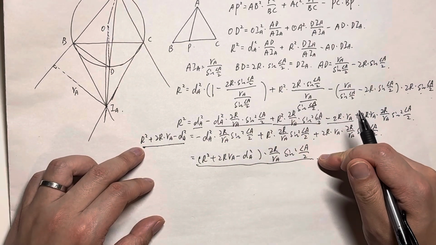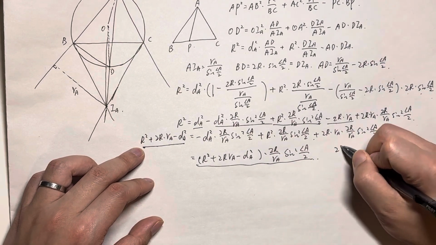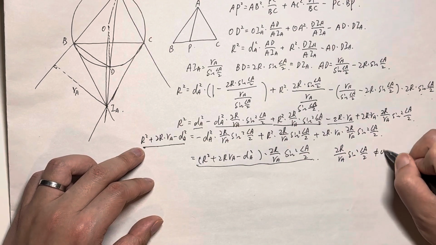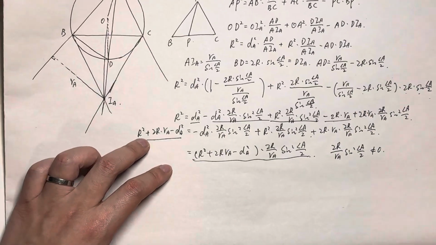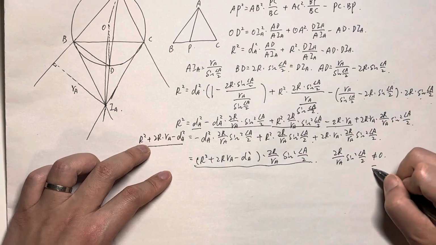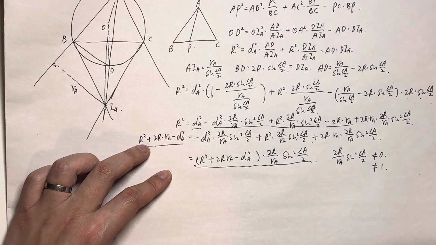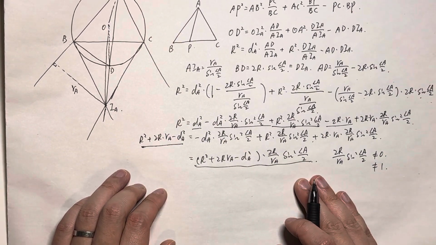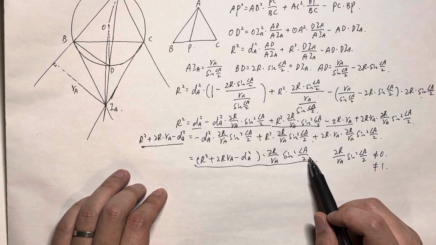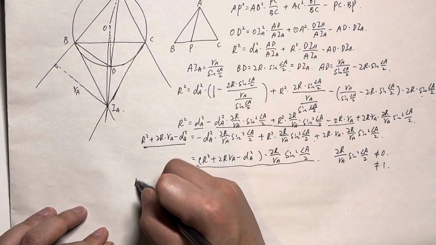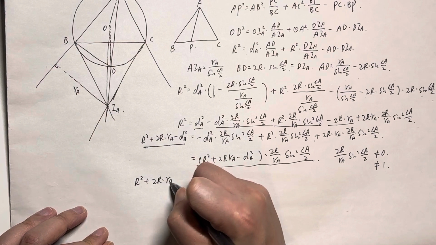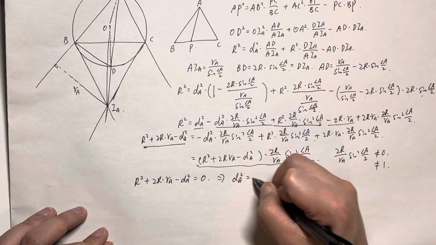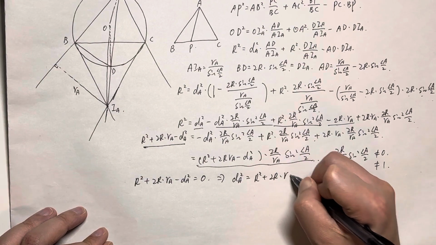And we know that 2R sine squared of A by 2 doesn't equal 0 and doesn't equal 1. Then this equation can be true for any angle A only if R squared plus 2R RA minus dA squared equals 0, which means dA squared equals R squared plus 2R times RA.